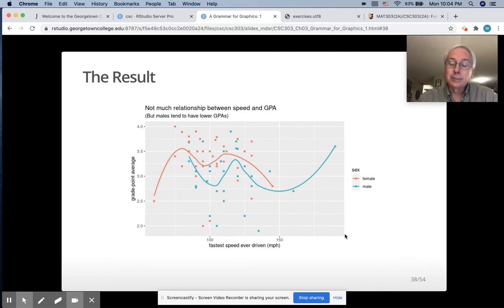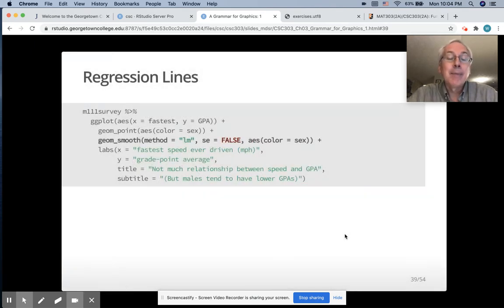But speaking of association, we can actually draw lines. We can fit regression lines to the individual gendered responses as well, and that's by setting a value to the method inside geom_smooth. So if I set method equals quote LM, which stands for linear model, we'll be dealing with linear models and regression much later in the course.